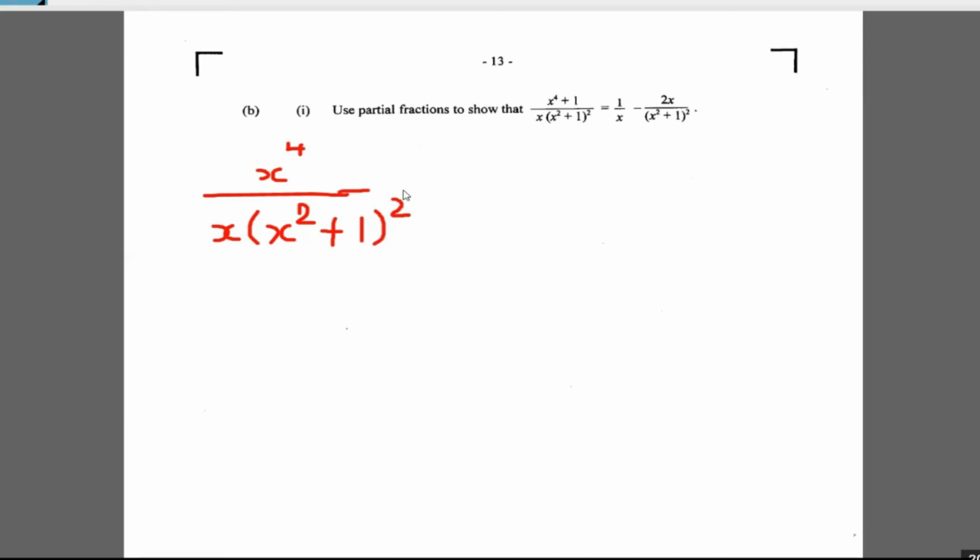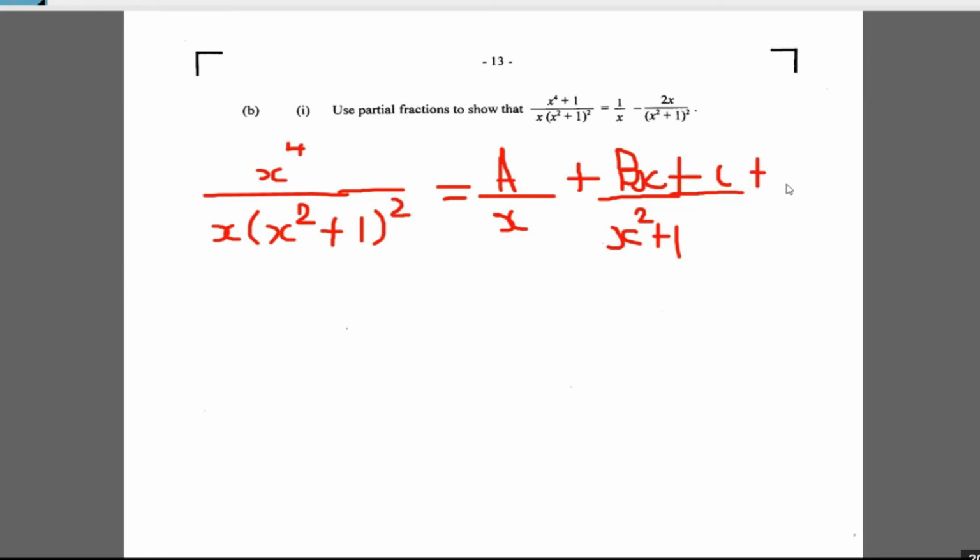I know that this is equal to a over x, plus bx plus c over x squared plus 1, and then I need plus, this looks like dx plus e over x squared plus 1 all square.